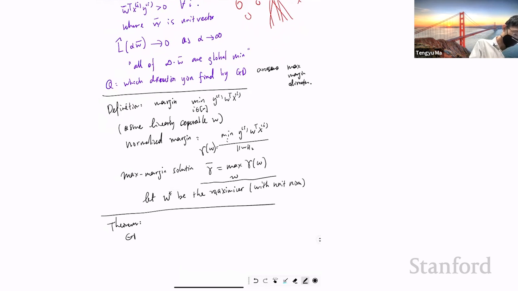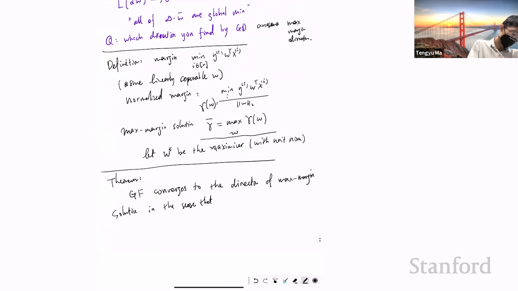So gradient flow, I guess here we're talking about gradient flow just because it's convenient, as we discussed, converges to the direction of the max margin solution. In the sense that we don't exactly say the convergence in direction.